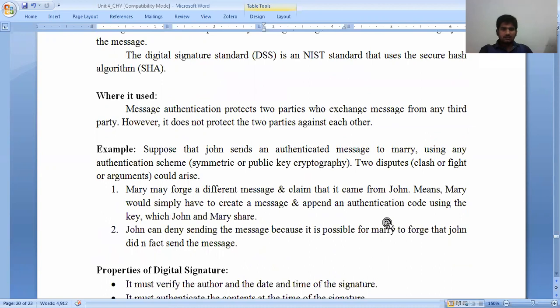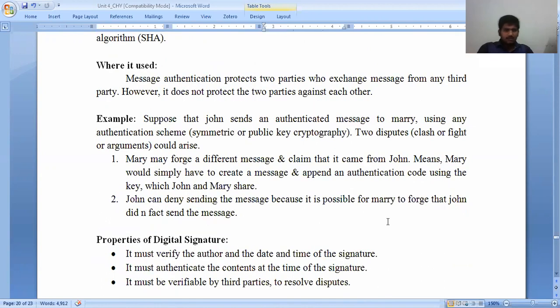For example, suppose John sends an authenticated message to Mary using any authentication scheme, symmetric or public key cryptographic, with any key. Then a dispute, a quarrel or argument, could arise.